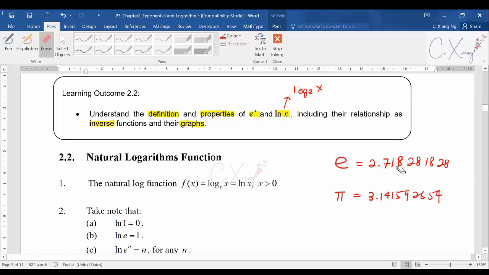Therefore, to make the process of differentiation and integration easier, they changed this number to become e, so that later when we do integration and differentiation for the log function that involves e, it becomes much easier. So that's one of the reasons.